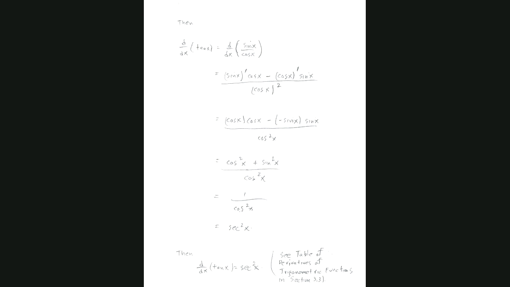Well, so now, again, the derivative of the sine over the cosine, we're using the quotient rule. So the quotient rule says you take the derivative of the sine. Well, hold on here. It's still kind of new for you. You have f and you have g.